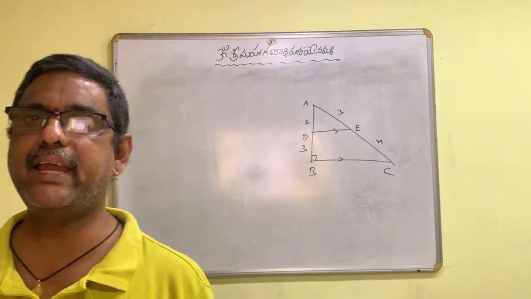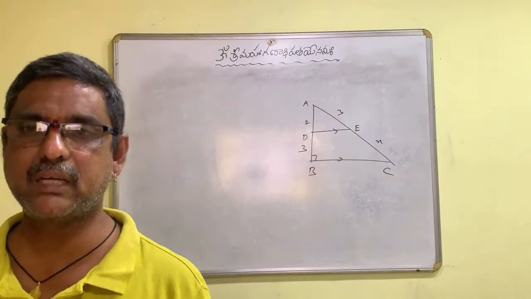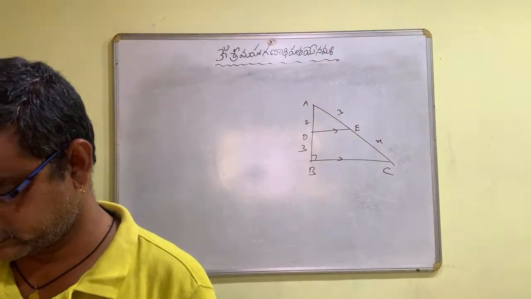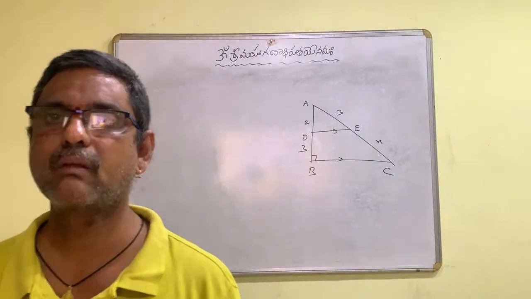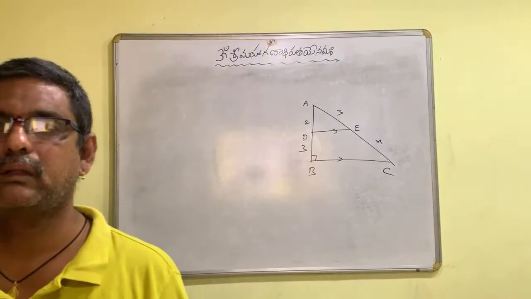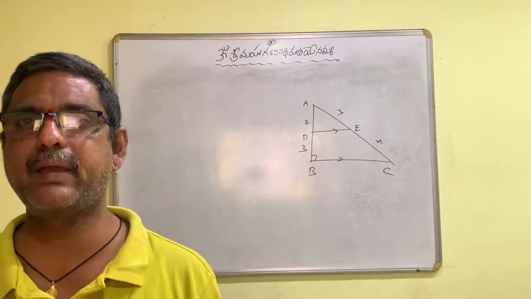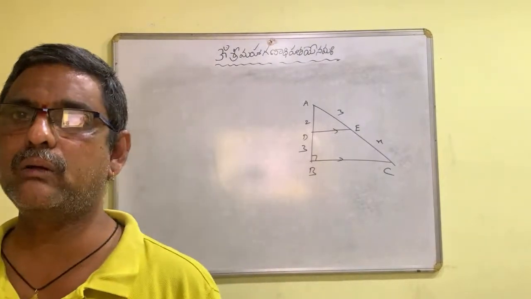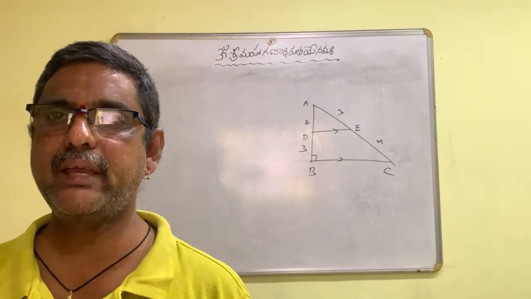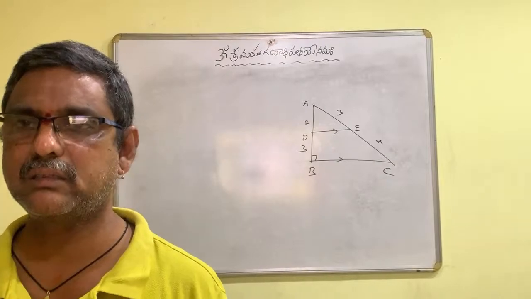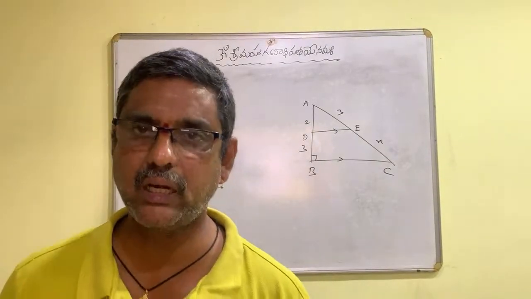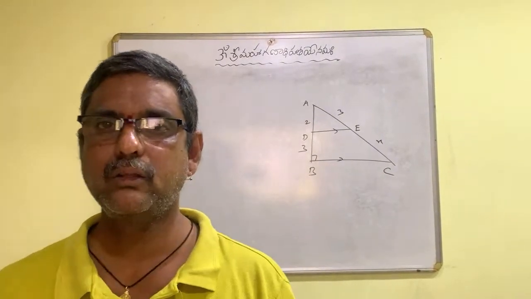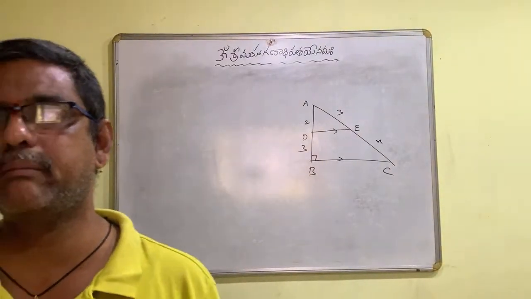So what to apply here? Which concept we need to apply, children? Triangle ABC, right angle at B, DE is parallel to BC. AD is 2, DB is 3, AE is 3, EC we have to find out. Yes, the basic proportionality theorem we need to apply. So AD by DB is equal to AE by EC.